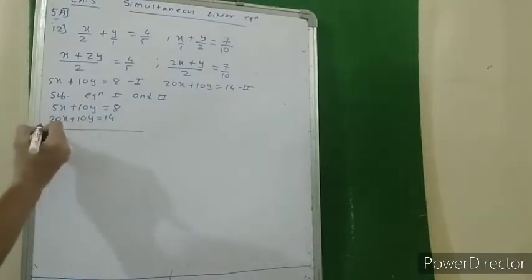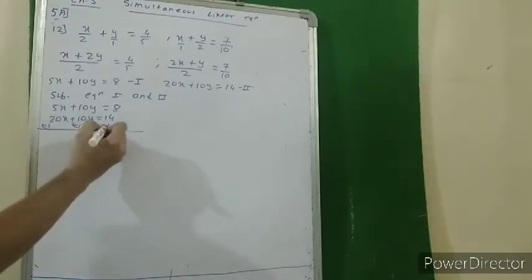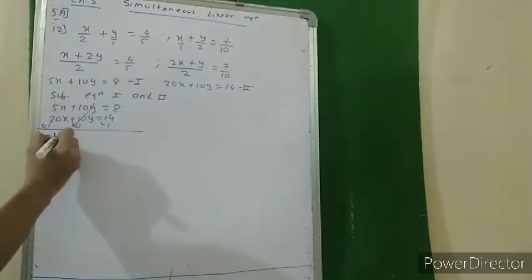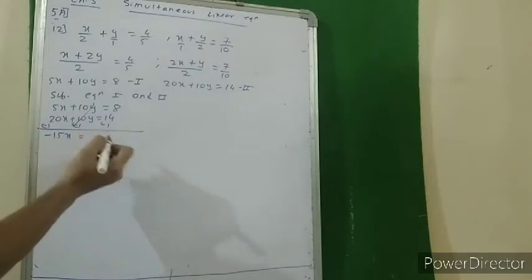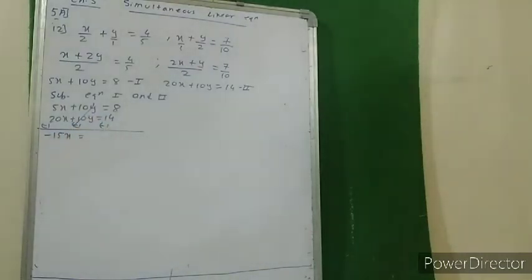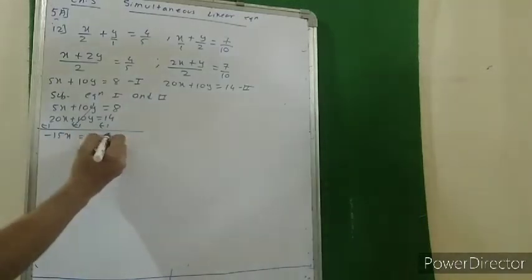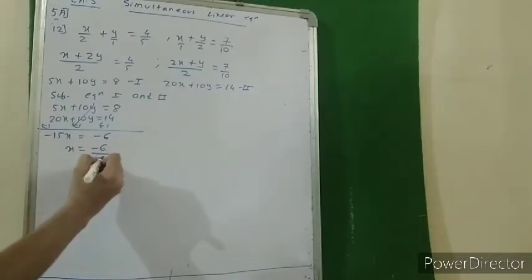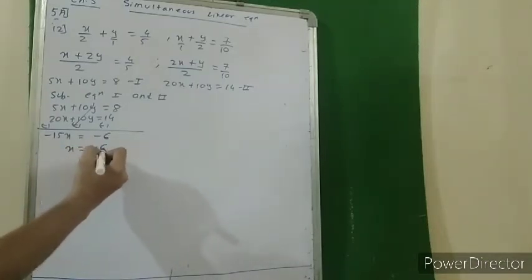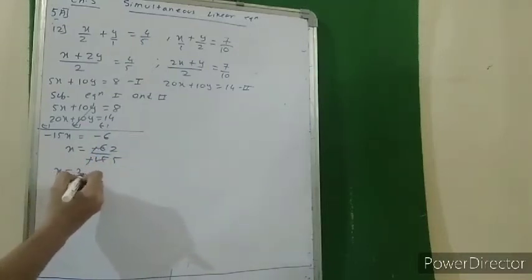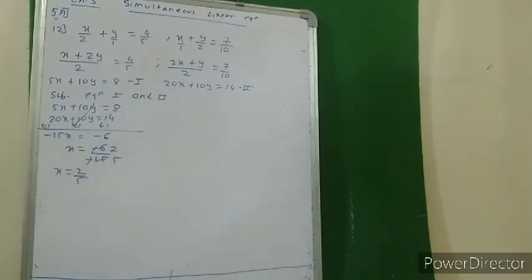When I subtract, all the signs will change, so the 10y will get cancelled. 5x minus 20x is minus 15x, and 8 minus 14 is minus 6. So the value of x is minus 6 upon minus 15. Minus minus cancel. 3 twos are 6, 3 fives are 15. So the value of x is 2 upon 5.